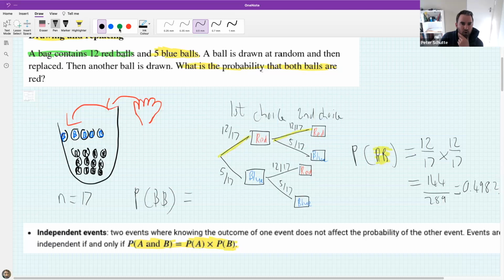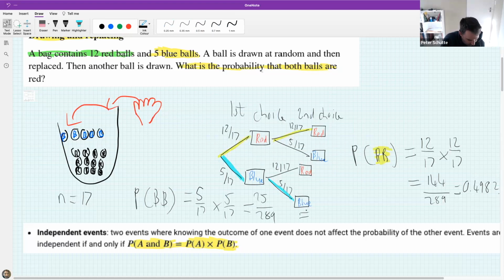If you look at this pathway, can you see the first pathway to blue is 5 over 17? Okay, so it's going to be 25 over 289. You're basically going to go 5 over 17 times 5 over 17, which is 25 over 289.